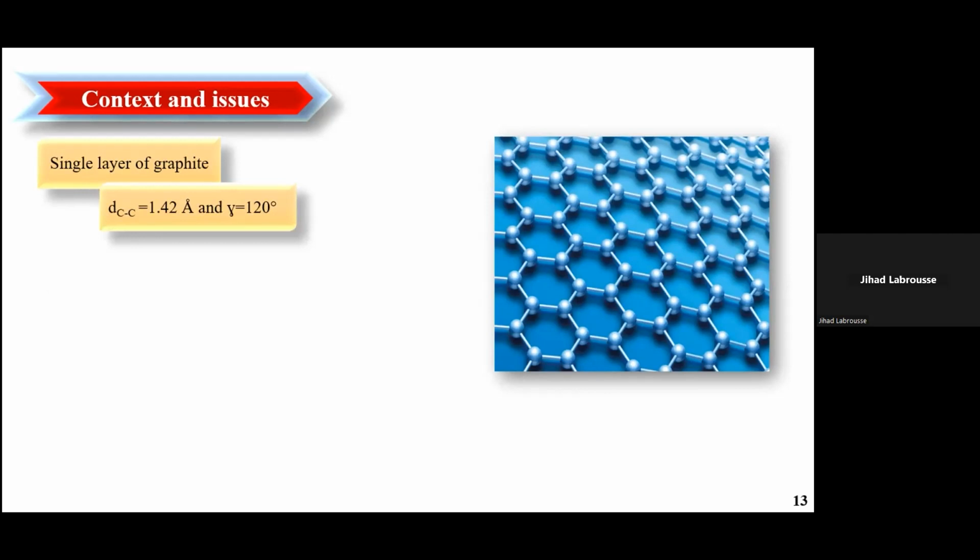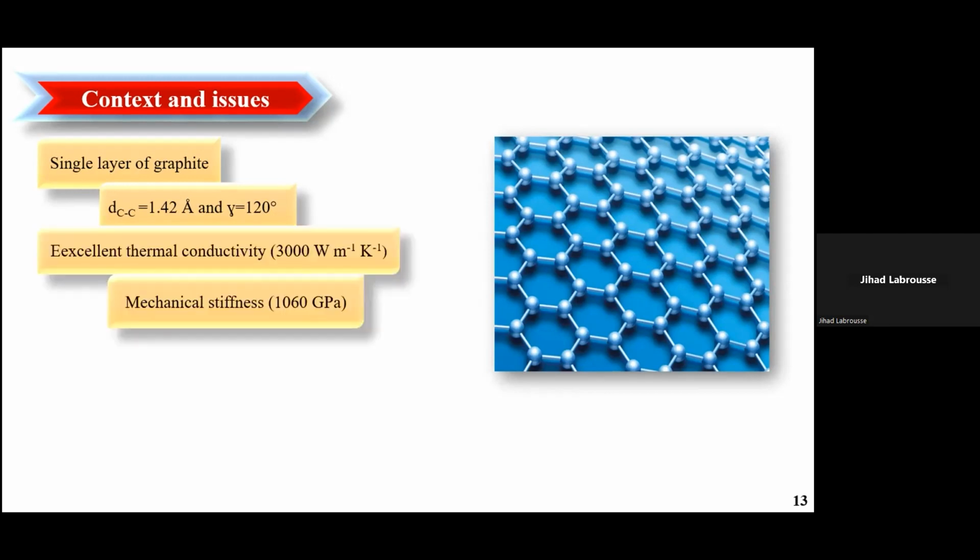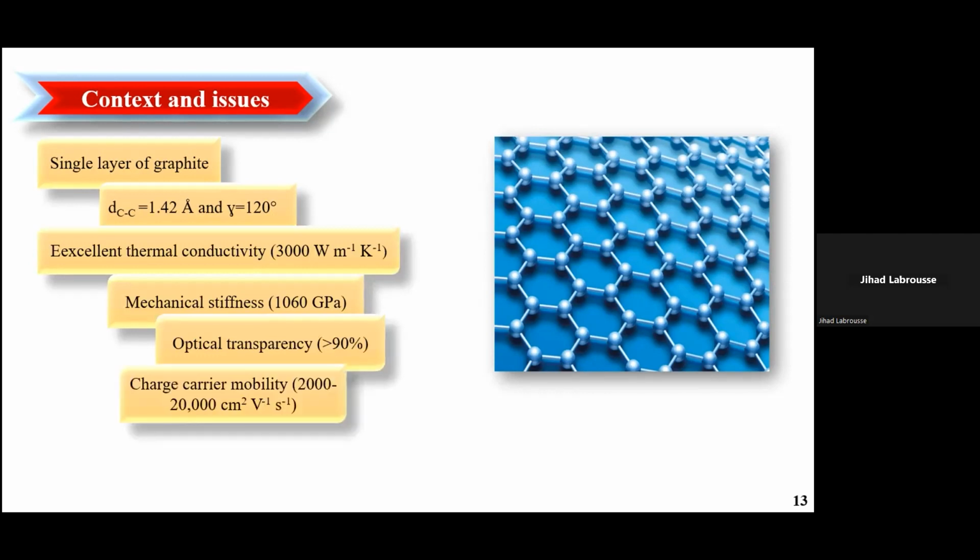This material has a lot of properties, for example, an excellent mechanical stiffness up to this value, an optical transparency of more than 90%, and a charge carrier mobility ranging between these two values.